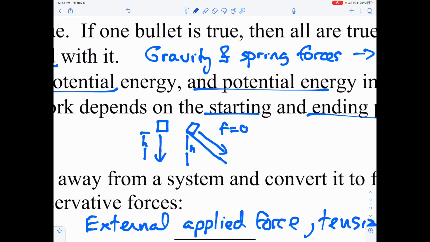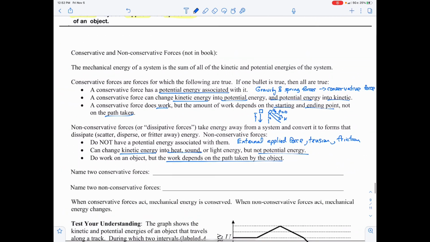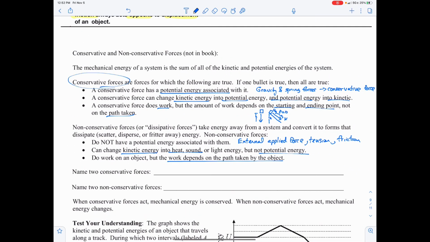Since the h is the same, that means mgh, potential energy, converts into kinetic energy. In both cases, there's no friction reducing mechanical energy, so mechanical energy is conserved. Conservative forces are ones in which mechanical energy is conserved, right? Non-conservative forces involve a loss in mechanical energy somewhere.